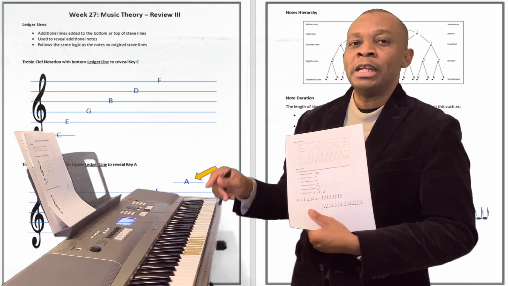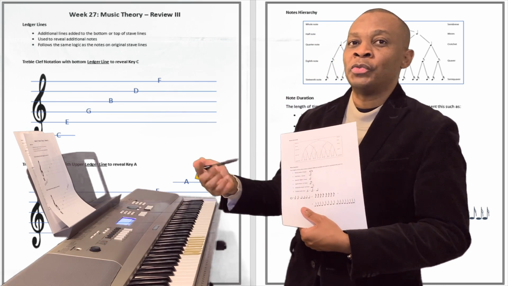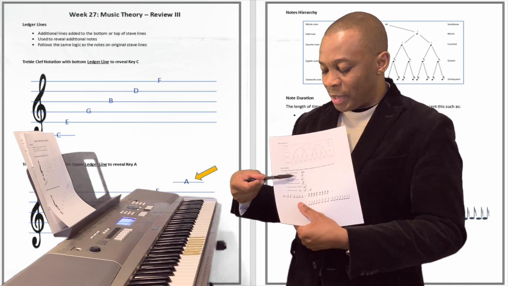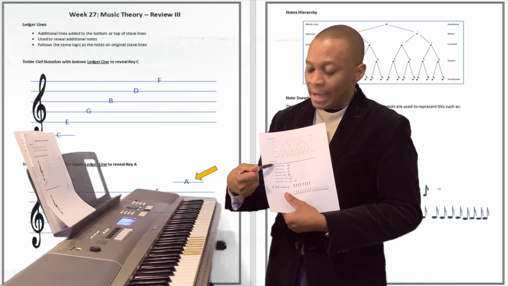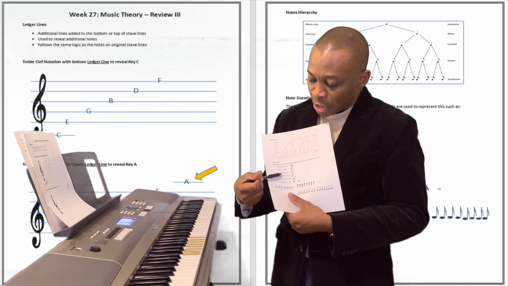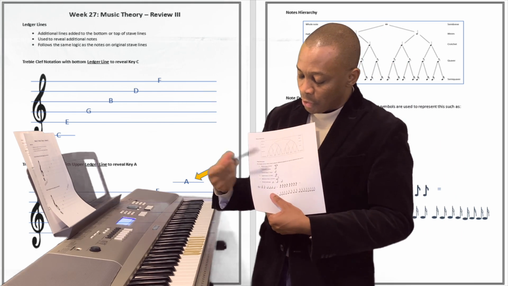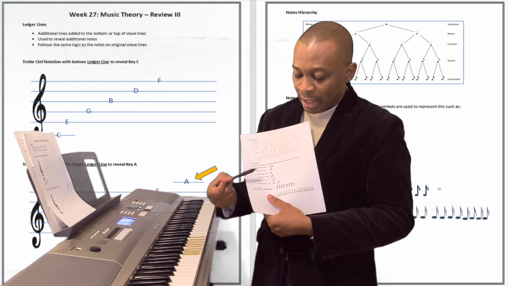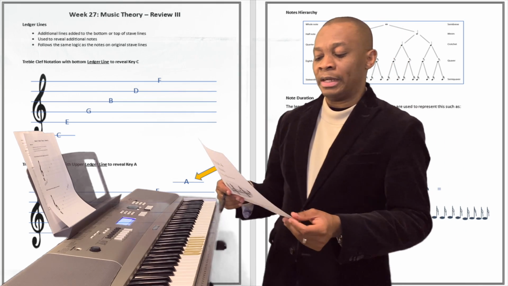So when I play a note that spans that complete duration, that is a whole note for me. When I play a note that spans half of that duration, that's 2 beats, that's going to be a half note. When I play a note that spans just 1 beat, that's a quarter note. When I play a note that spans just half a beat, that's an 8th note. And a 16th note is going to be a quarter of a beat for me like that.